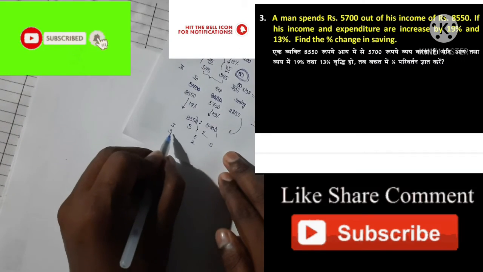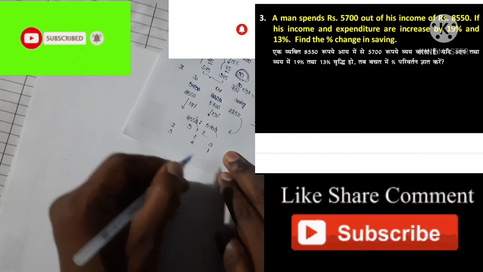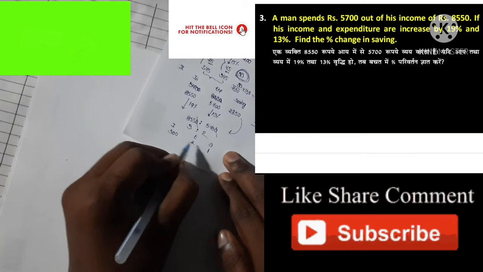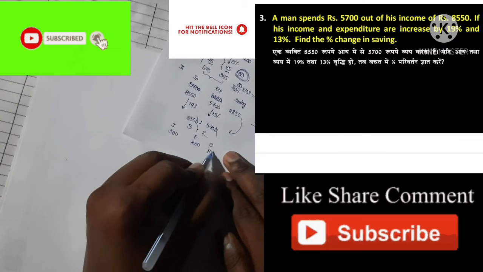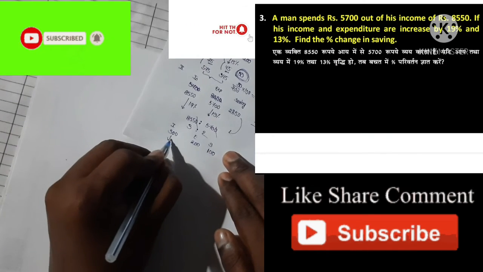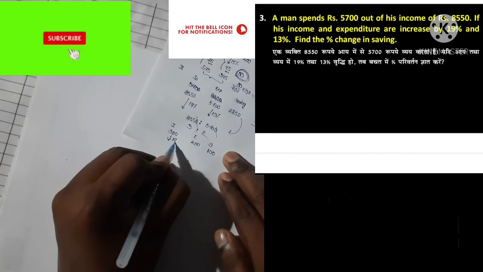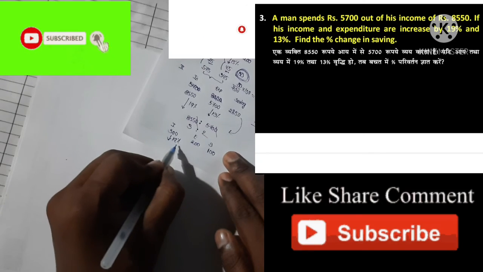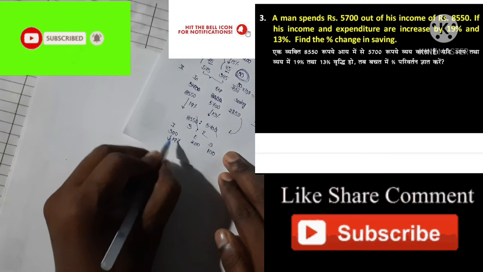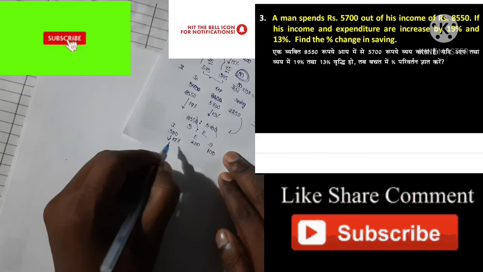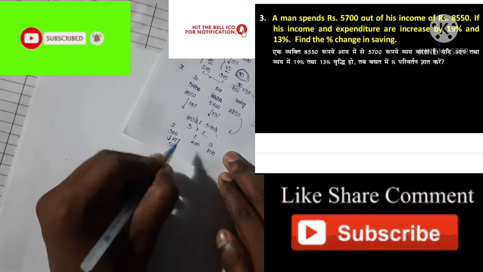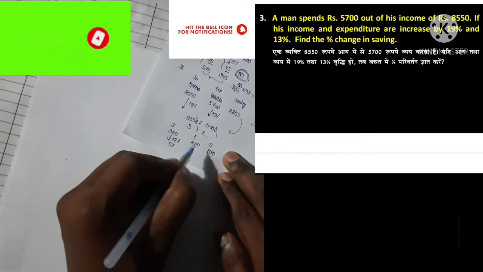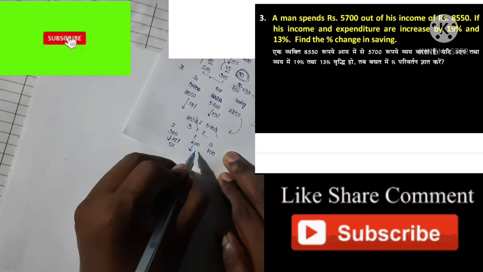Savings is income minus expenditure, 1. So 300, 200, 100. So income is increased by 19%. So 19% of 300 is 19 into 3, so 57. His expenditure is increased by 13%.